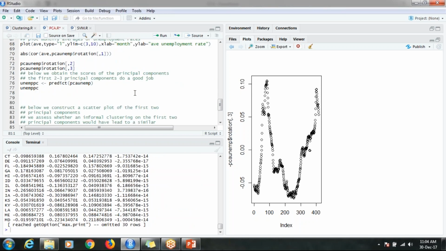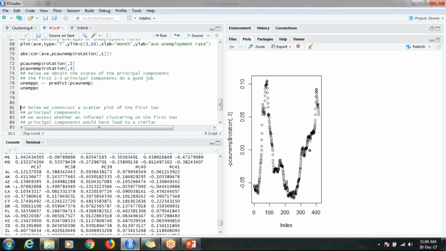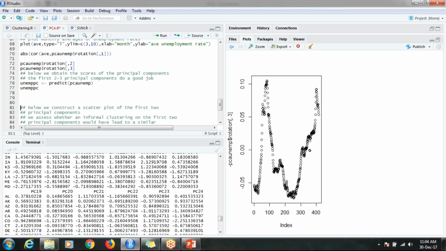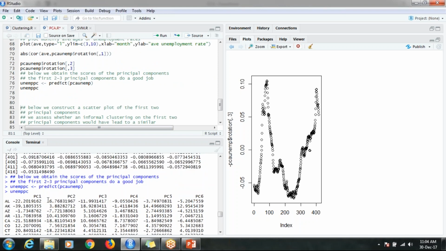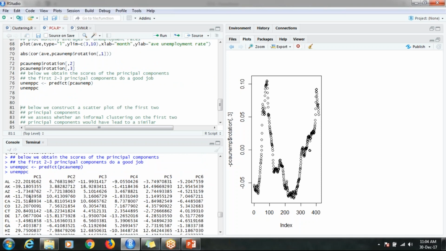So let us see what the value is. These are again the principal component values that I have. After my raw data has been converted into components, these are the data that I have after that conversion.